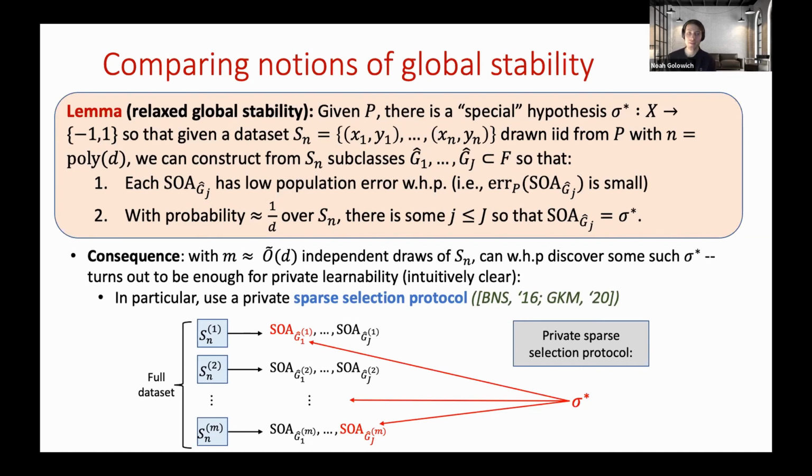Does that mean we're not going to hit exactly sigma star? Because presumably if you're saying we select sigma star with high probability, then apart from delta of the time, we're hitting something which is actually independent of the data. So we're not going to select sigma star with probability 1. Right. That actually wouldn't contradict privacy if we did that, because sigma star doesn't depend on the data at all.